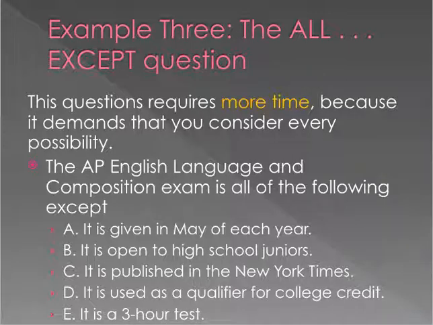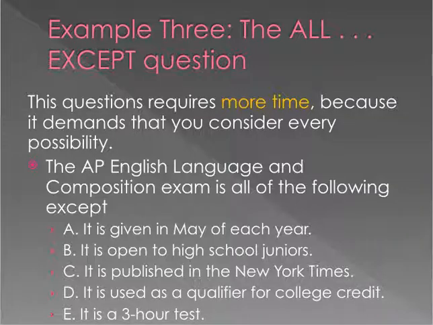All right, the "all except" questions. These are tough ones, and they require a little bit more time because all of the answers are correct except one of them. So here's an example. The AP English Language and Composition exam is all of the following except: given in May of each year, open to high school juniors, published in the New York Times, used as a qualifier for college credit, is a 3-hour test.